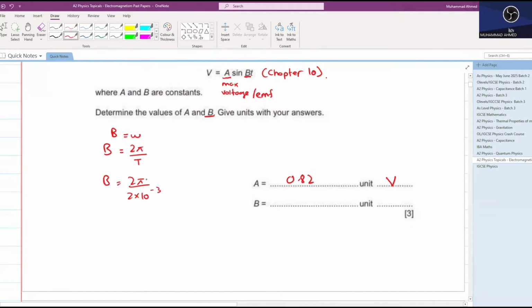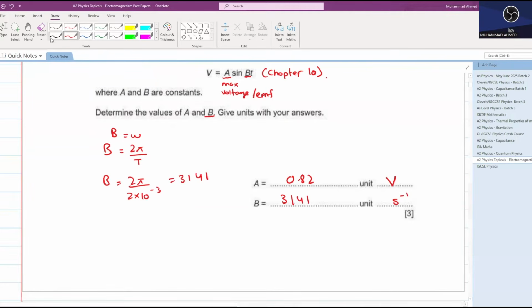Let's calculate this. 2 pi divided by 2 times 10 raised to the power of minus 3 comes out to be roughly 3141. And what will be the units here? 3141 seconds to the power minus 1. Simple as that.